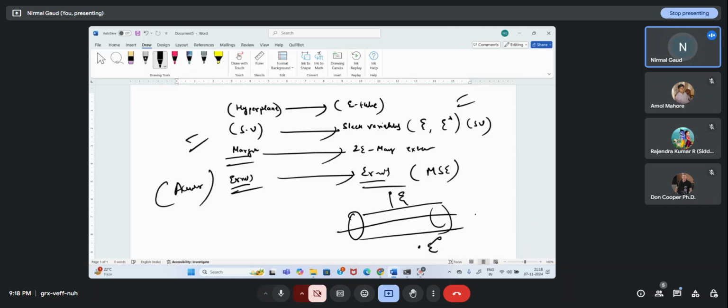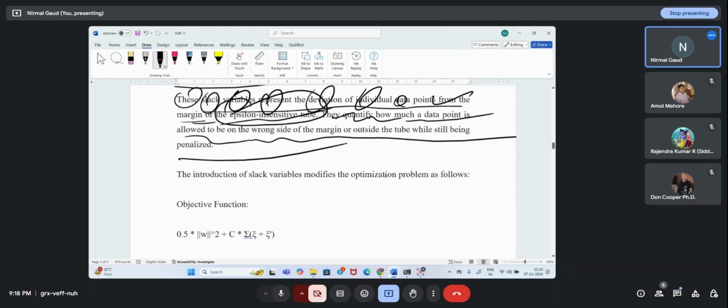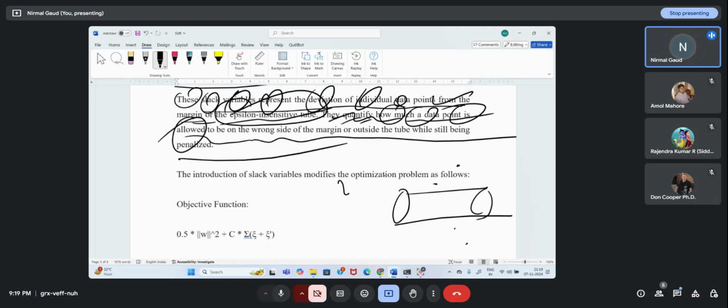So that will be your error. Next, what they said: they quantify how much a data point is allowed to be on the wrong side. How much is okay, this much or this much on this side? How much error can you afford?